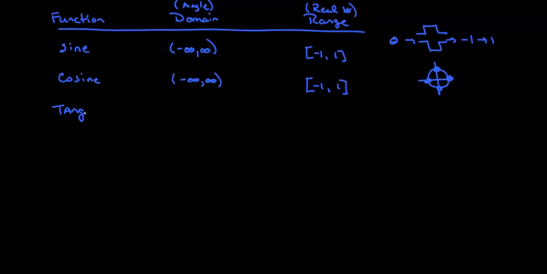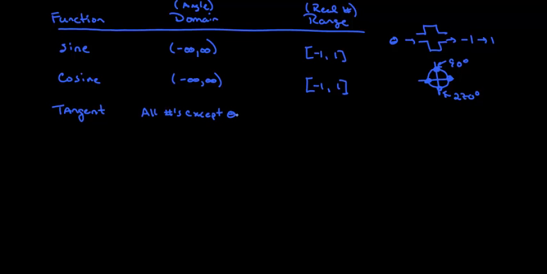Tangent. Okay, we can plug in every angle except the following. We know that tangent's not defined at 90 degrees, and it's also not defined at 270 degrees, or any other angle that's coterminal with those angles. So I'm going to say all angles, or all numbers, except the following.